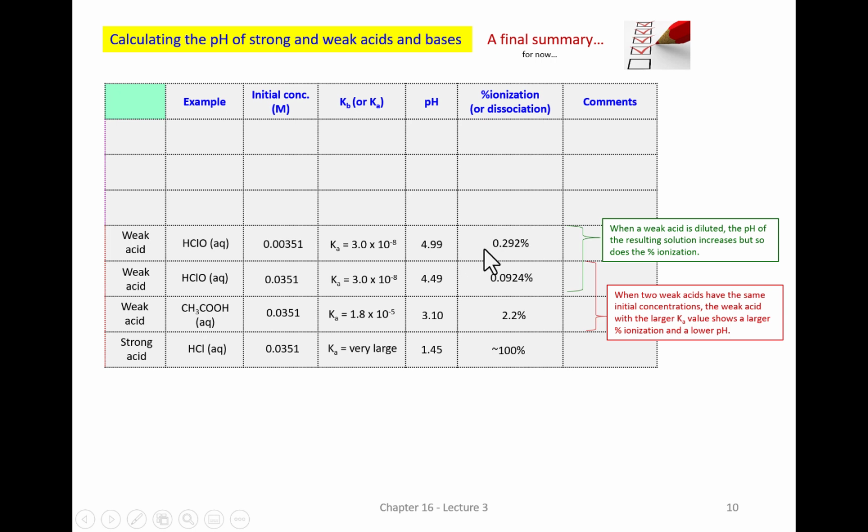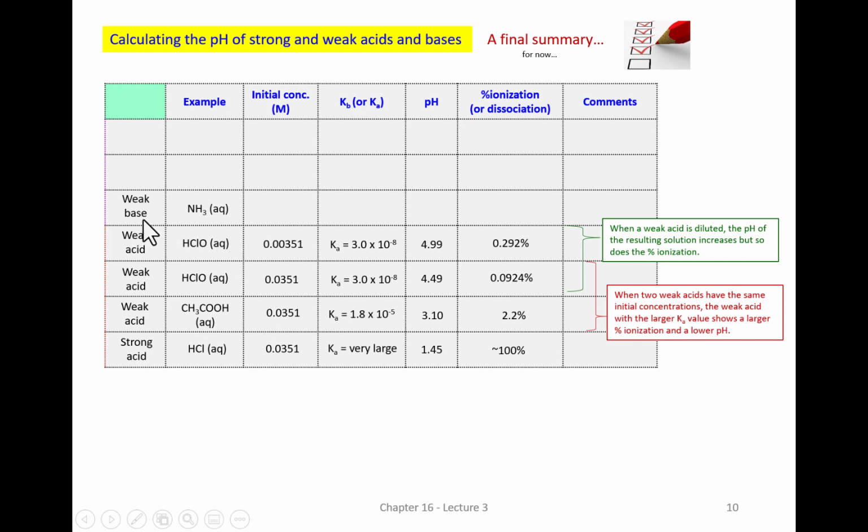Oddly, the percent ionization, as measured by the percent of the original hypochlorous acids that ionize, is actually higher. So when a weak acid is diluted, the pH of the resulting solution increases, but so does the percent ionization. If you think about that a little bit, it seems odd, but it'll be important to remember going forward.